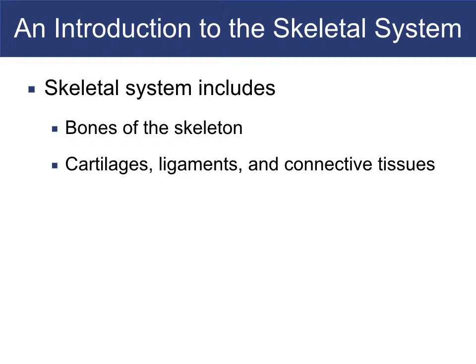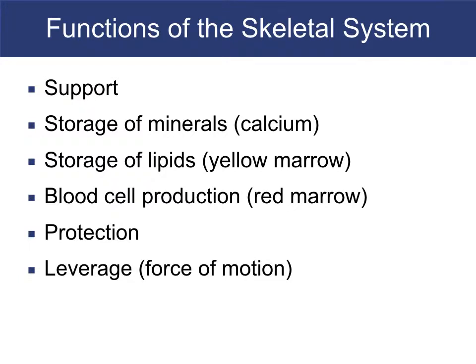We basically eliminate most of the joints, and I'd like you to learn about the shoulder joint and the knee joint. I think those are the most important ones, and if you know those, they have all of the characteristics that you see in the other joints, and we just don't have time to go through every one of them. So what are the functions of the skeletal system?